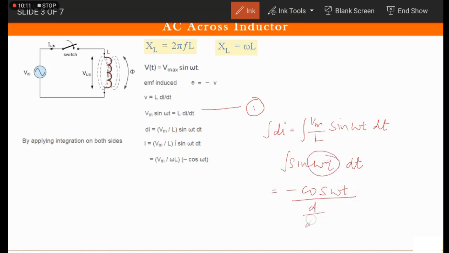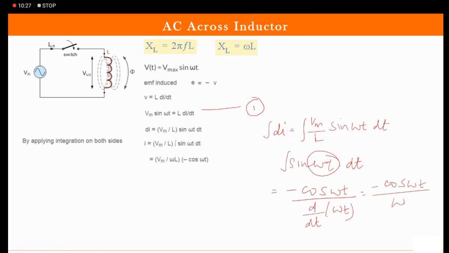So it will be d by dt of omega t. Fine. So the output will be minus cos omega t upon, what will be the derivative of omega t? It will be omega. So this omega comes outside the bracket. We have done such kind of calculation, so I have written these steps directly. However, I am showing it to you how these values have come.